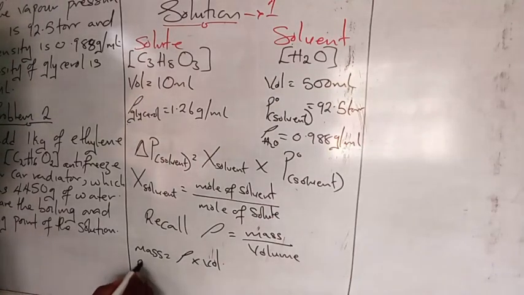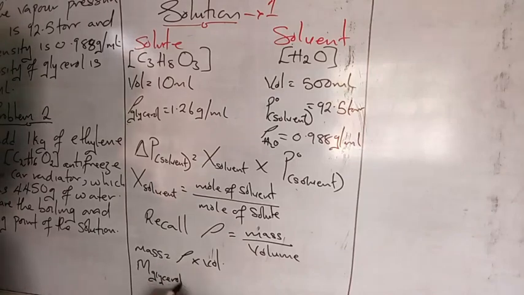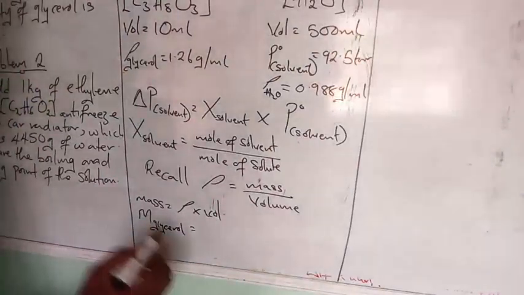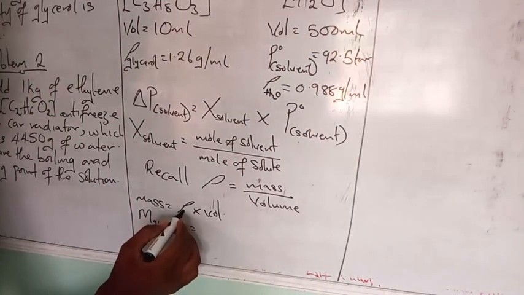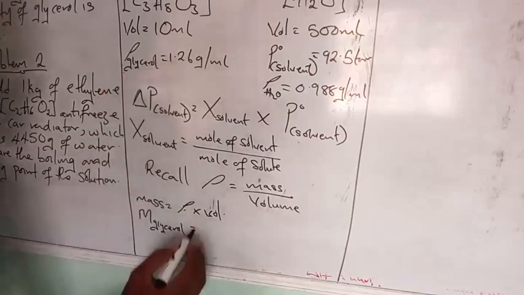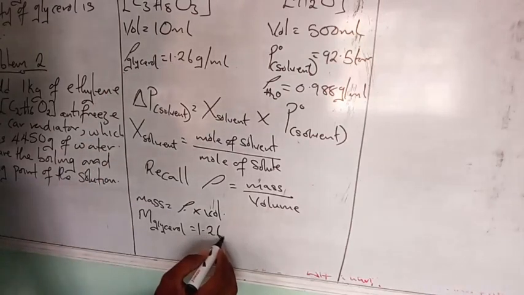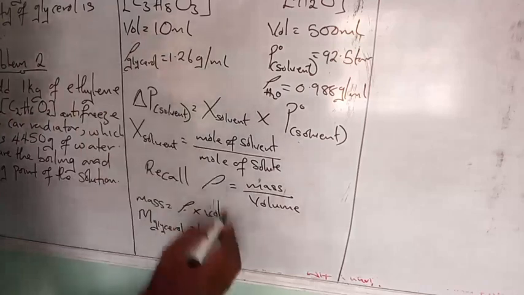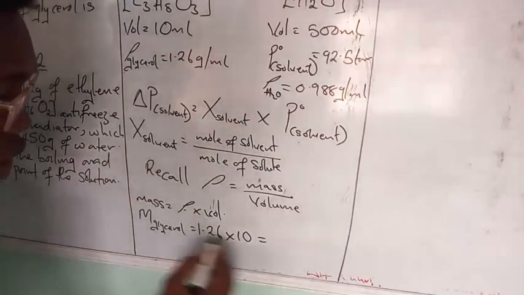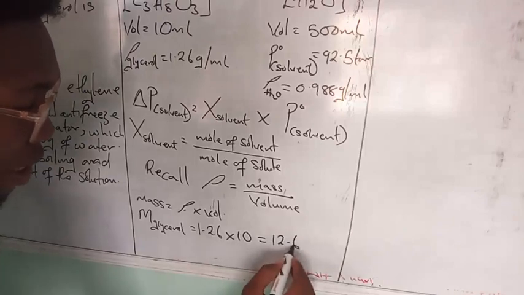So the mass of glycerol will be equal to the density of glycerol times the volume of glycerol. What's the density of glycerol? 1.26. What's the volume of the glycerol? 10. So that tells us that our mass of glycerol is equal to 12.6 grams.